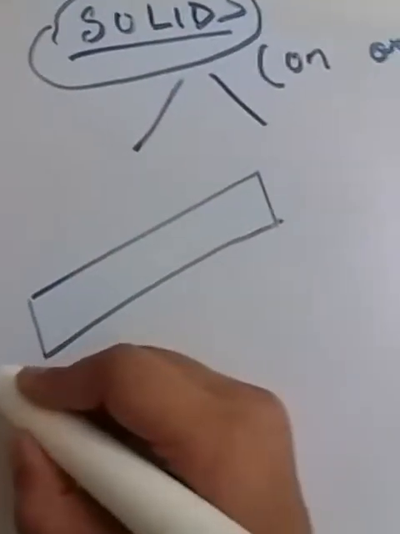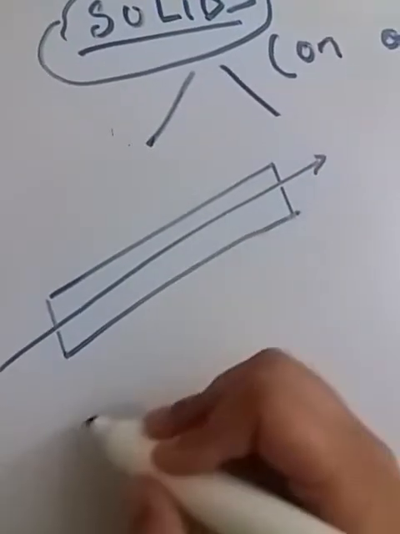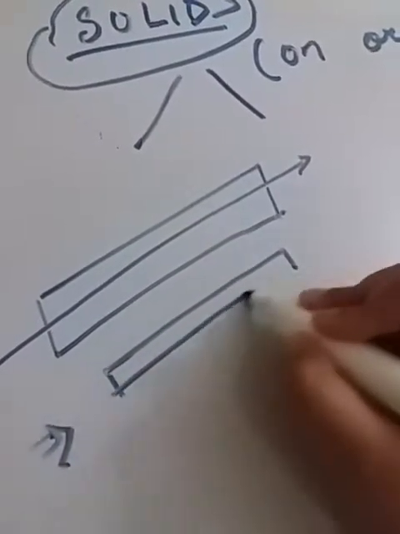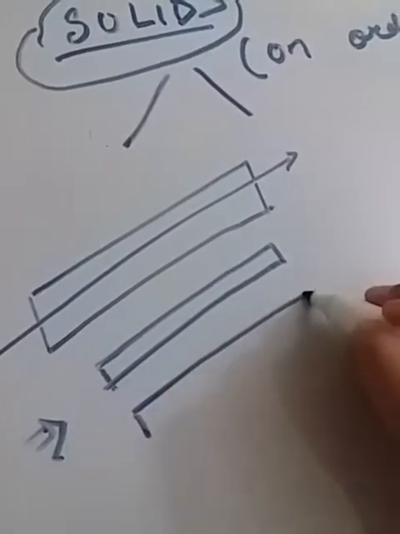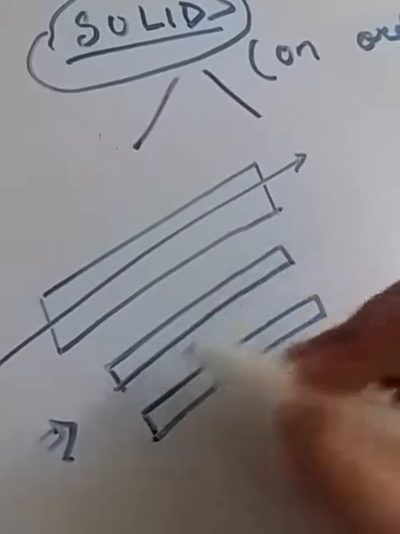Let me explain first the cleavage property of crystalline structure. When you break this structure, you get the same structure divided into two parts in the same line, in a smooth way. This is crystalline cleavage.